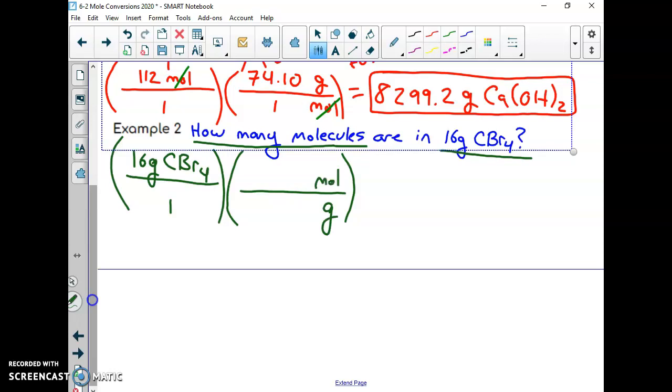Moles are going to be on top. And for the carbon tetrabromide, 331.63 grams is equivalent to 1 mole. So we're dividing 16 by 331.63, and you can run that through.